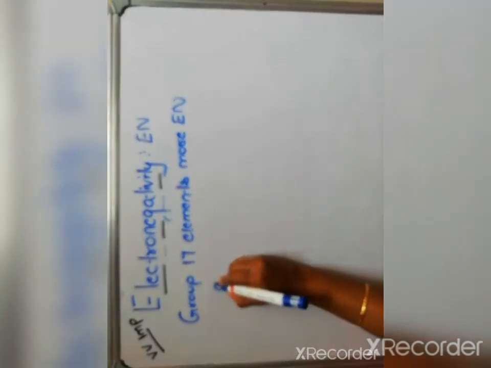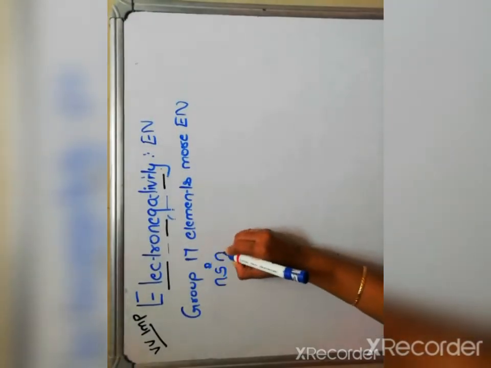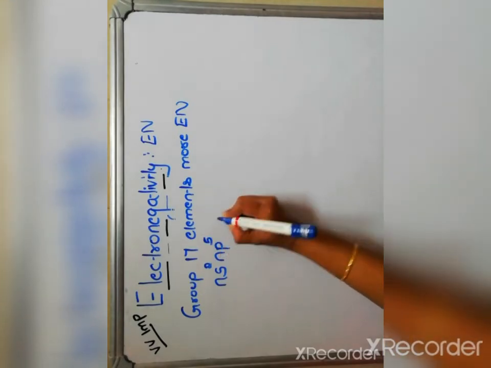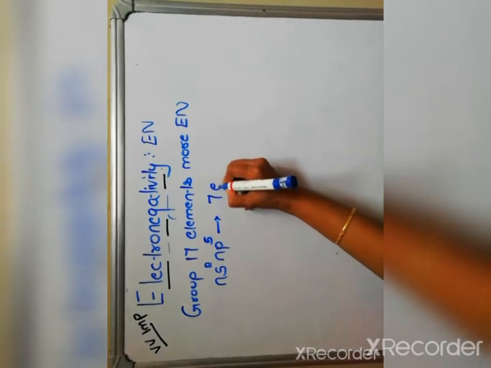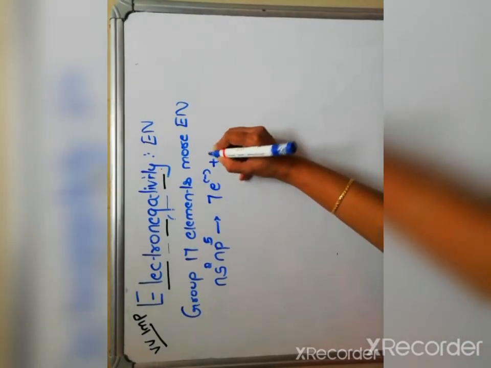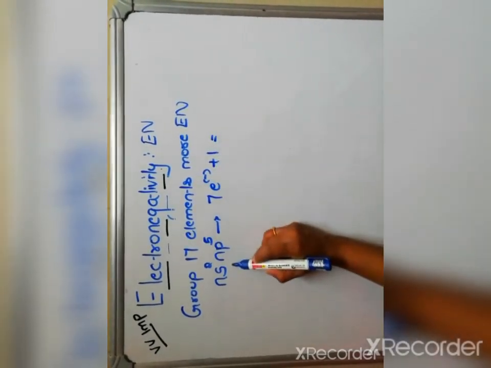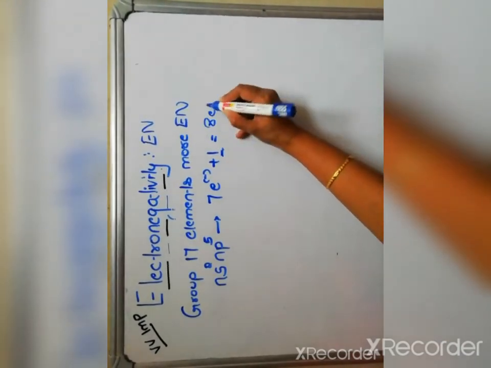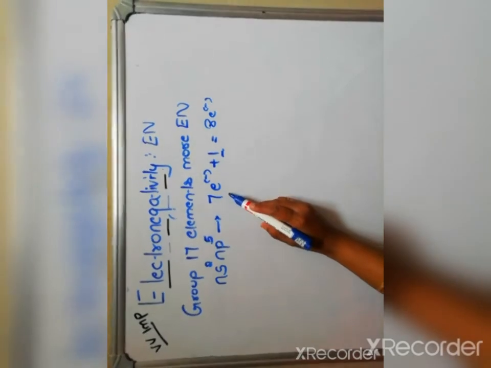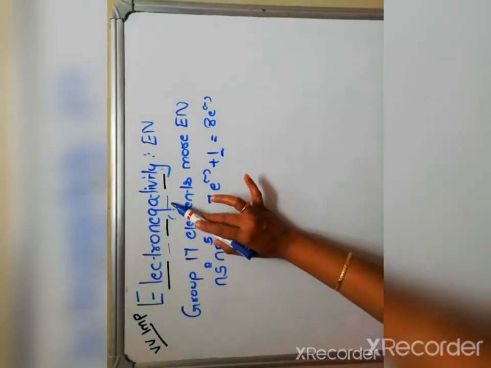Because the general electronic configuration is ns2np5. So the outermost shell consists of 7 electrons. To gain the octet, it requires 1 electron. That means it has the capacity to attract 1 electron to gain stability. That concept is called electronegativity.